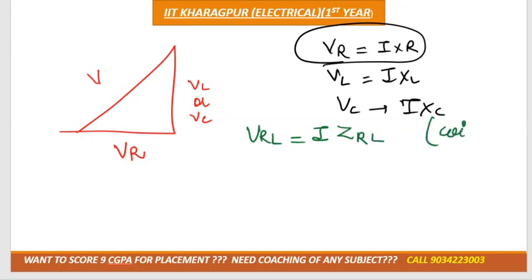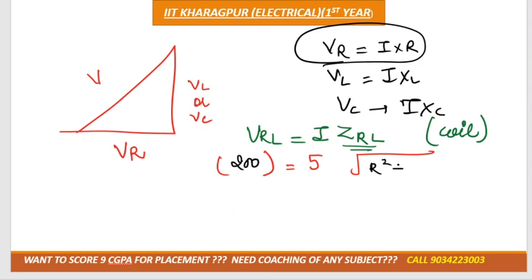ZRL means it is for the coil. As I told you, whenever we have a combination of R and L, we use ZRL. So I we already know, and VRL is 200 volt.